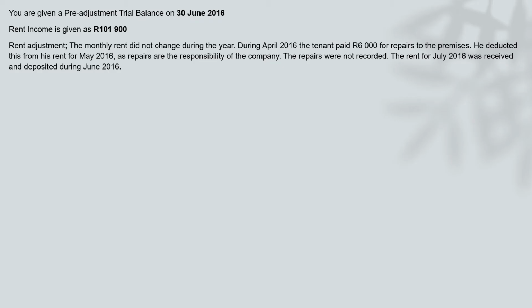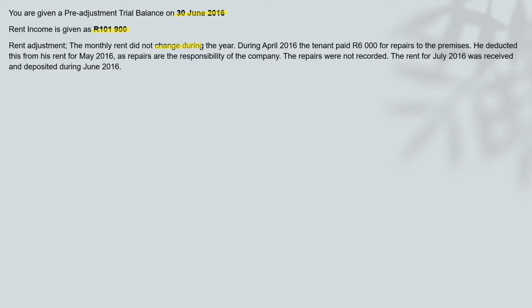Right, it says here, you are given a pre-adjustment trial balance on 30 June 2016. That means that's the year end. And rent income in the pre-adjusted trial balance is given as 101,900. Then the rent adjustment: the monthly rent did not change during the year, which is unusual.